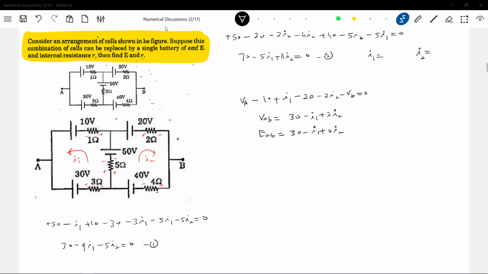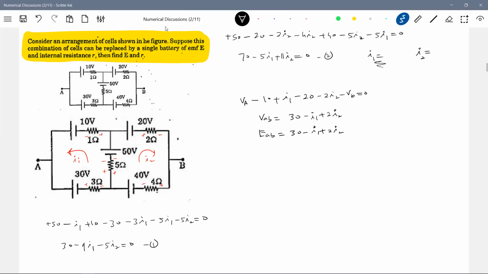Everybody just solve I1 and I2. Okay, nobody? Let me try then.